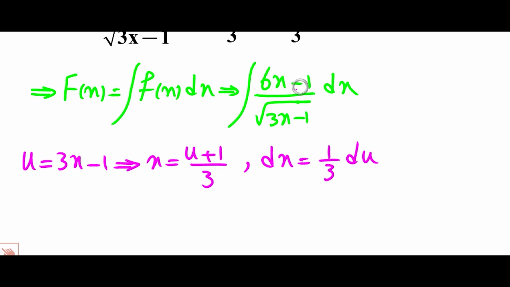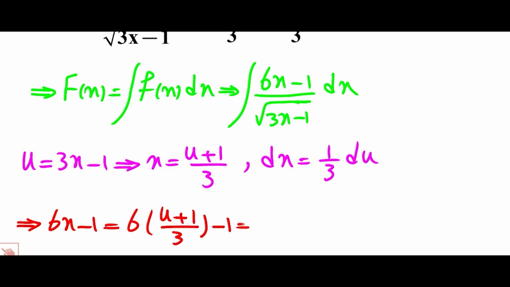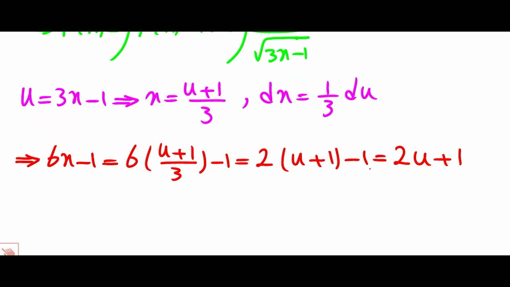Now rewrite the numerator: 6x - 1 = 6 times (u + 1)/3 minus 1. So 6 over 3 is 2. So we have 2 times (u + 1) minus 1. So we have 2u + 2 - 1, which is 2u + 1, right?